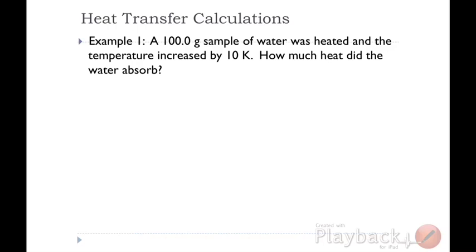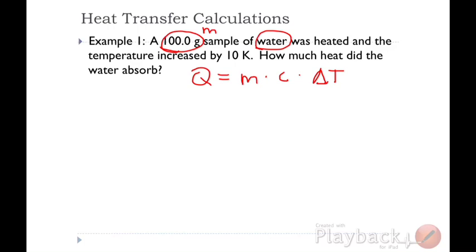So here's our example. A 100 gram sample of water was heated and the temperature increased by 10 Kelvin. How much heat did the water absorb? So first we can write down our equation, Q equals mass times specific heat times the change in temperature. And then we want to annotate the problem. We have 100 grams, that's mass.